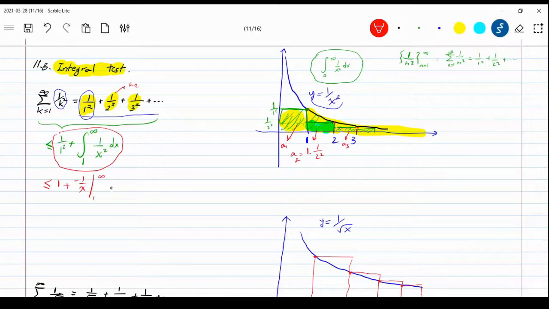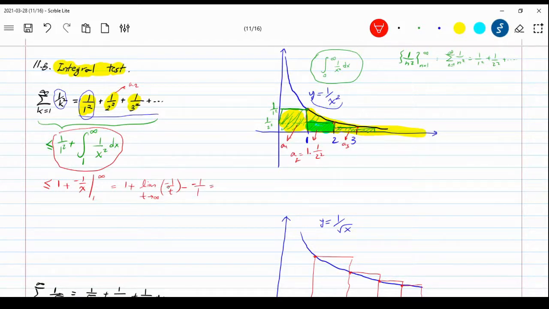And for that, we need to take a limit. So this would be 1 plus the limit as t approaches infinity of negative 1 over t, minus replacing 1, which would give us negative 1 over.